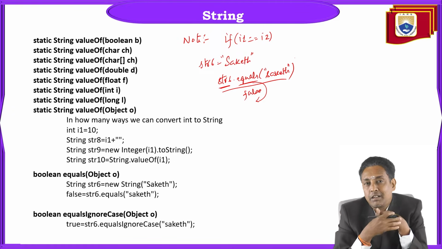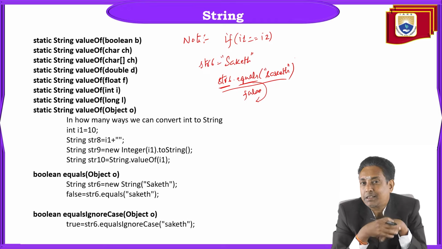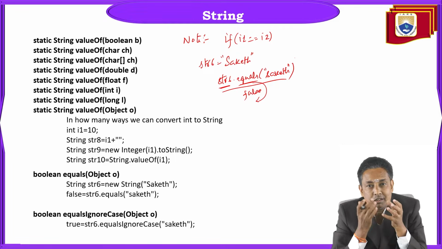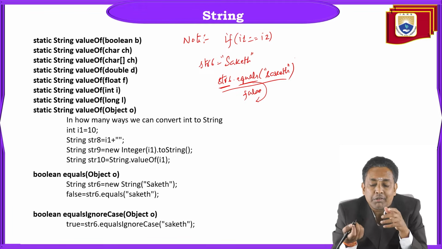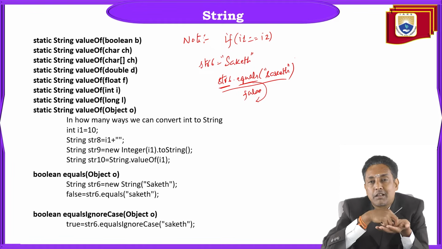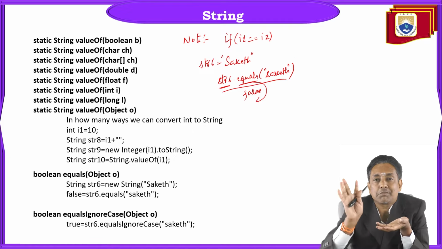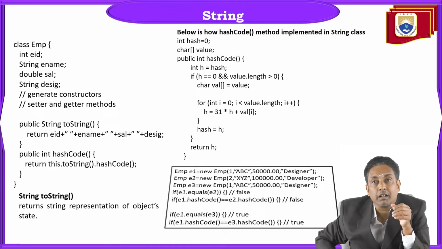Those methods are given in C and C++ also, but we need to operate on the character indexes, which makes the programming difficult to write. But in Java, such characters are wrapped into one string object, and in the String class some convenient methods are given. We can use them.